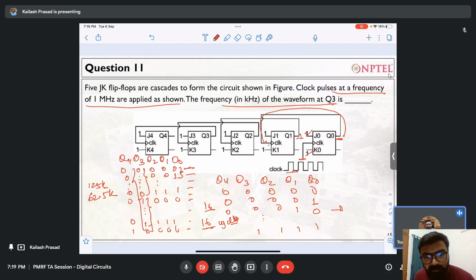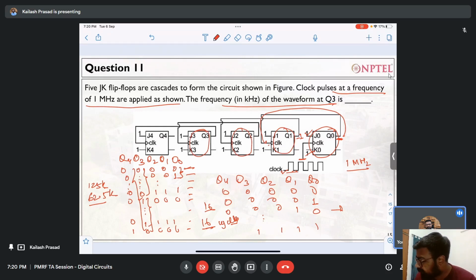Now the question has been asked, what will be the frequency? The frequency has been provided as 1 megahertz. So the frequency of the clock will be divided by 2 for this, divided by 4 for this, divided by 8 for this one, and divided by 16 for this one.